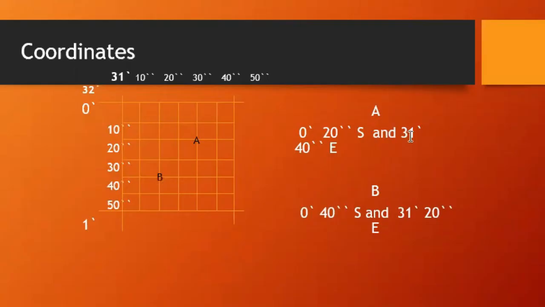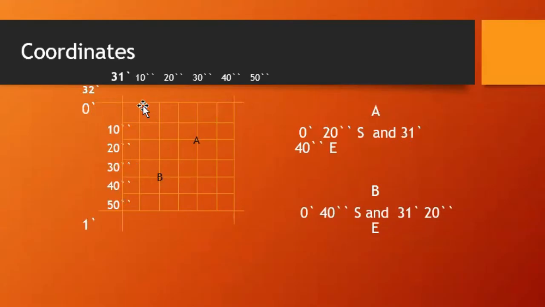Meaning that if you want to go for the east, you look up here. You see these are lines, they are drawn like this, meaning that these ones are increasing to this side. And this side is the east, therefore it is the easting. So this means we take a 30 as our minute.